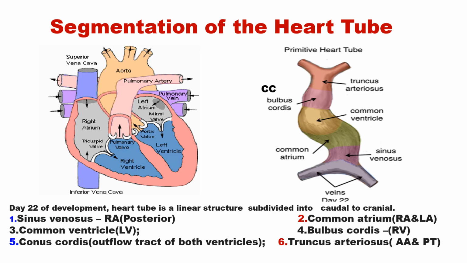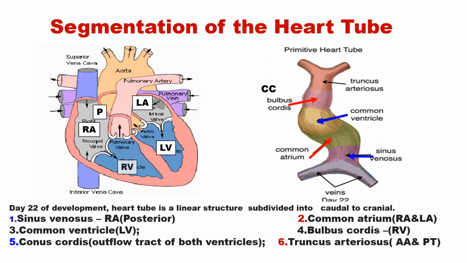So coming to the segmentation of the heart and its derivatives, once again, the sinus venosus forms the posterior smooth part of the right atrium. Primitive atrium or common atrial chamber forms the roughened part of right atrium and left atrium. Primitive ventricular chamber forms the trabeculated part of the left ventricle.